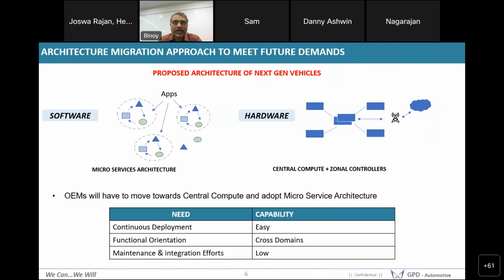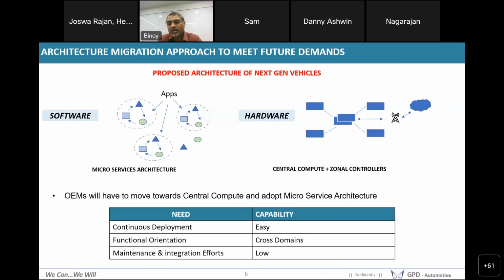Just for comparison, most of the ECUs we have in the car, like an ABS ECU or an engine ECU, are around 10 kDMIPS, maybe 20 kDMIPS max. And now there are possibilities that we can have a controller which goes up to 200 kDMIPS, 300 kDMIPS. kDMIPS is a measure of computation.